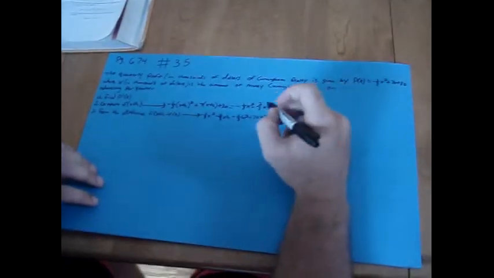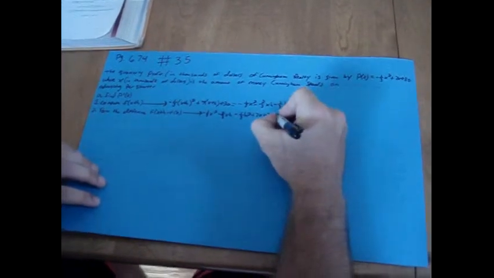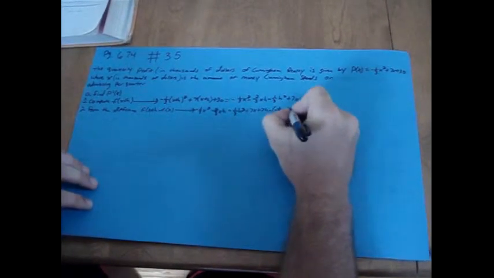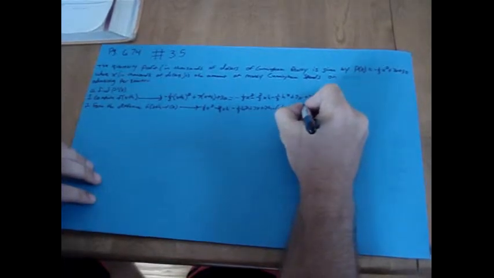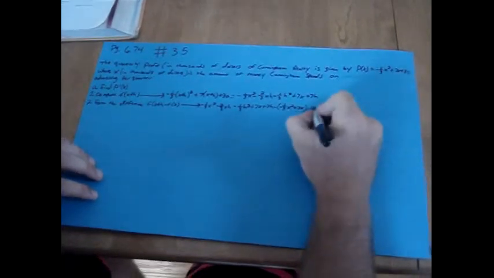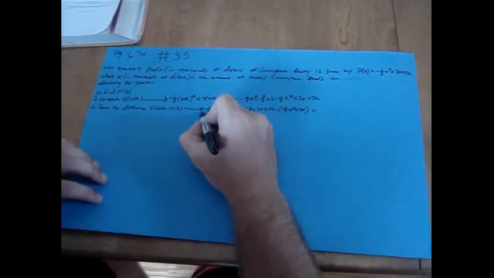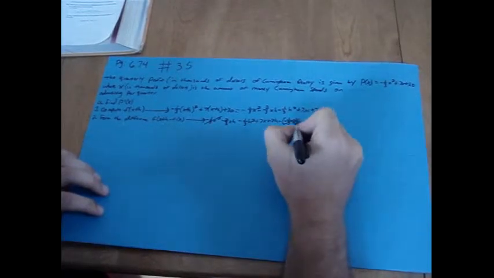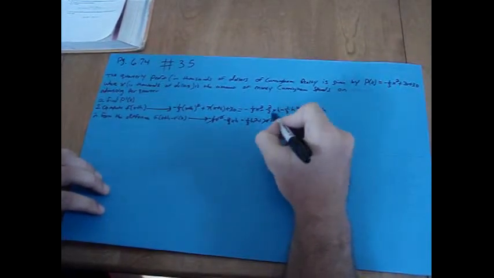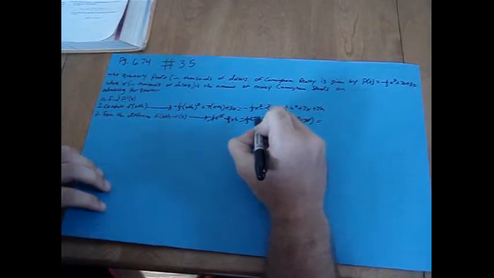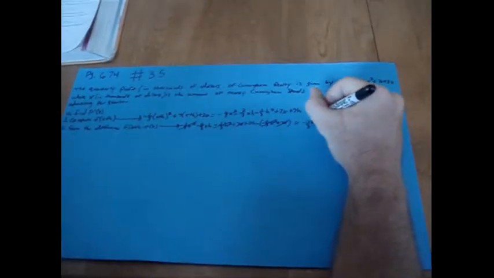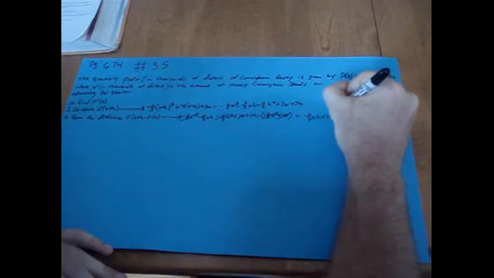And then you subtract f of x, which is negative 1/3 x squared plus 7x. Cross out the like terms, and that leaves you with negative 2/3 xh plus 7h.